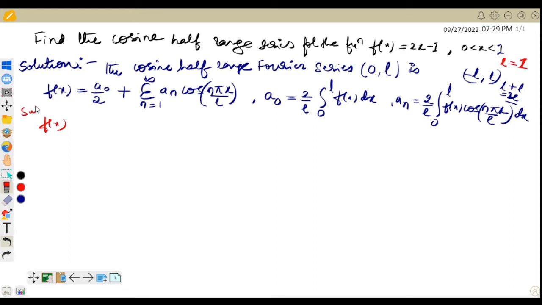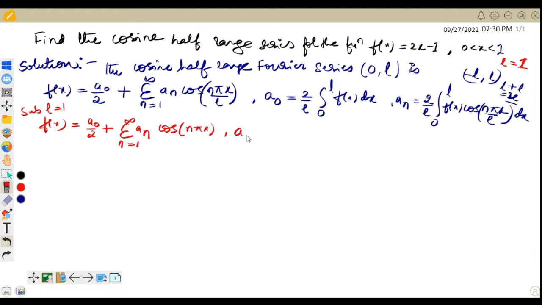Let us substitute L equal to 1 and observe what will happen. f of x is a naught by 2 plus summation n runs from 1 to infinity a n cos n pi x.